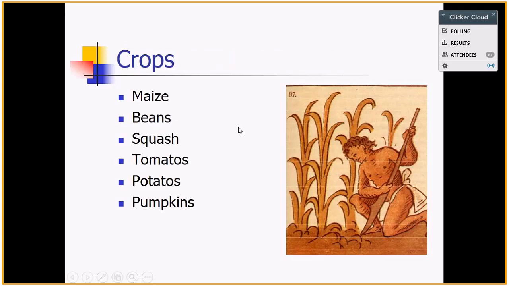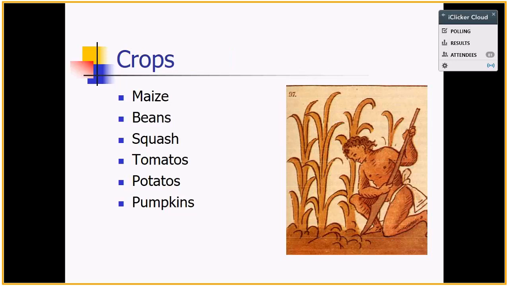Now, this Native American agriculture is going to be based on a handful of crops. And these are going to be widely distributed, widely grown in a lot of different culture areas. But some plants grow better in some climates than others do. And since we're here in central Mexico 7,000 years ago, the crops that grow best are the ones that are listed here.